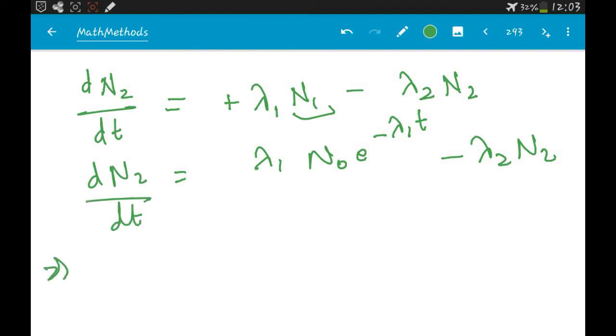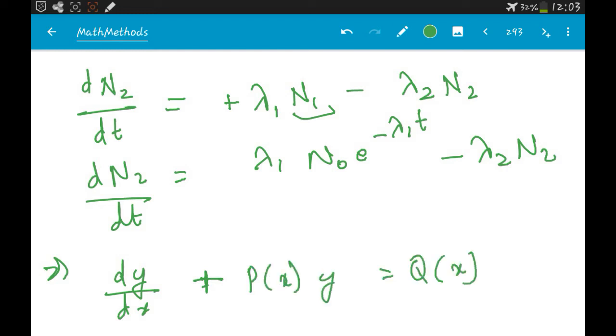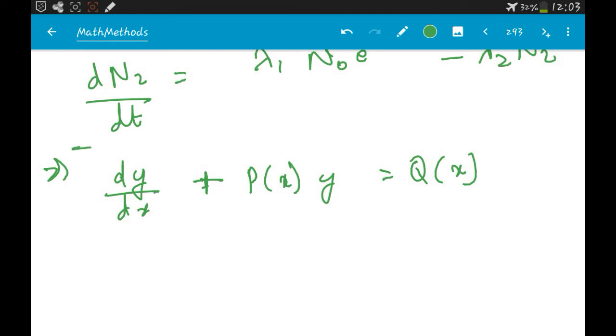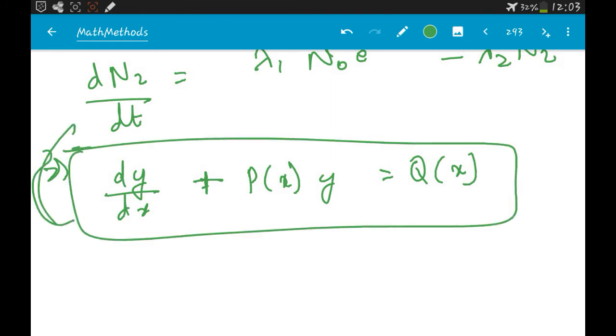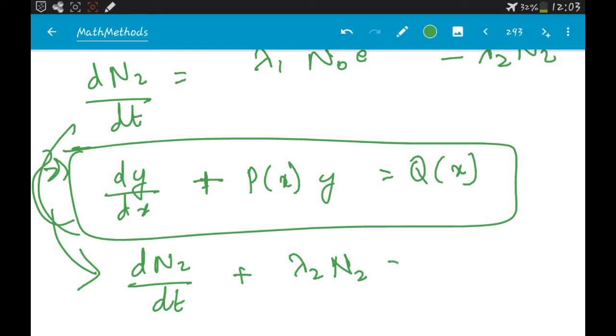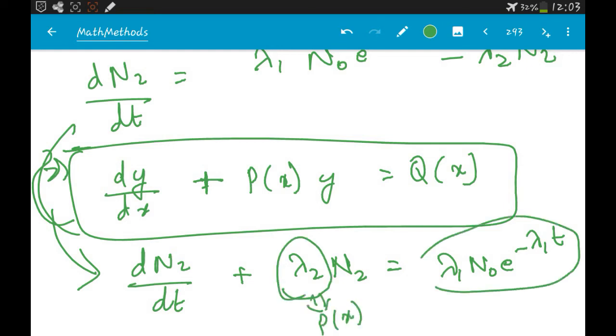Now we can write it in the form dy by dx plus p of x into y is equal to q of x. So this will be dN2 by dt plus lambda 2 N2 equals lambda 1 N naught e power minus lambda 1 t. This is your p of x and this whole thing is your q of x.